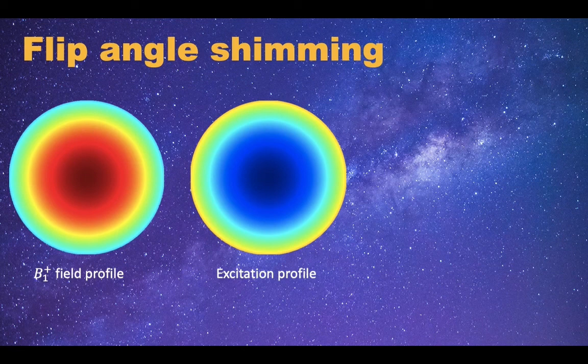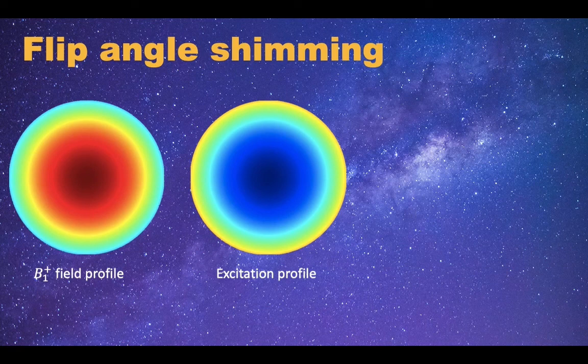Now that we learned about the principle of excitation K-space, one potential application is flip angle shimming. Similar to static pTx with homogeneity loss, the purpose of flip angle shimming is also to achieve a homogeneous excitation, but it requires the dynamic pTx, and oftentimes it achieves better performance compared with static pTx.